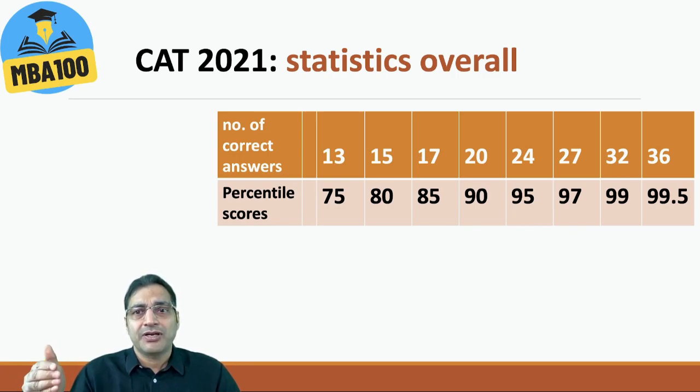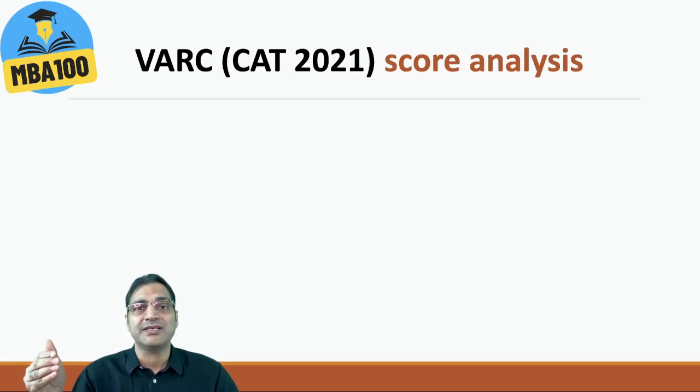Let's say you have got 30 correct answers and 9 incorrect answers, right? So 3 correct answers will compensate for 9 incorrect answers if all those 9 were MCQs. No negative marking for TITA. So that way net it would be 27 correct answers. So for net 27 correct answers, 97 percentile. Similarly for net 32 correct answers, 99 percentile.